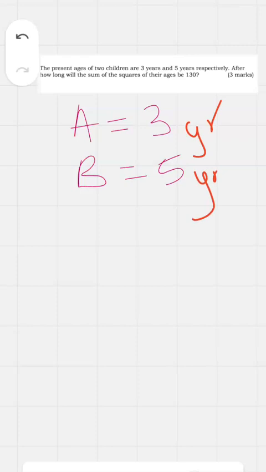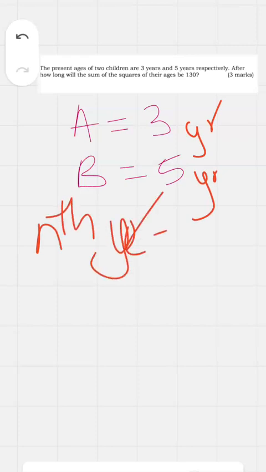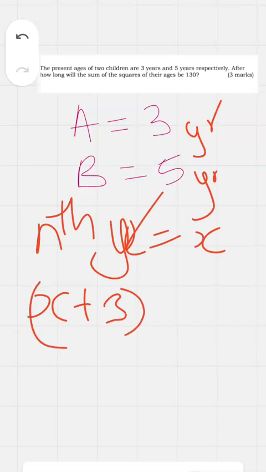So what we can do, we can let the nth year that we don't know be equivalent to x. So in x years' time, child A will be x plus 3, because it will be that year plus the current age, which is 3.